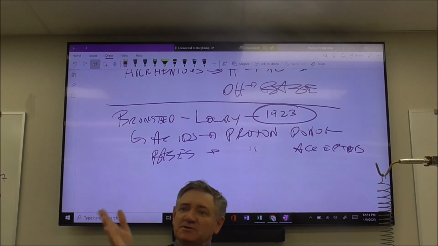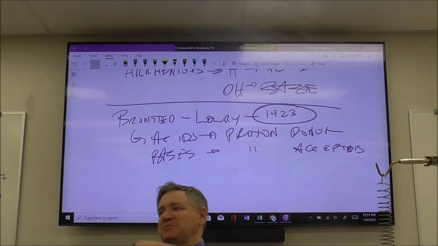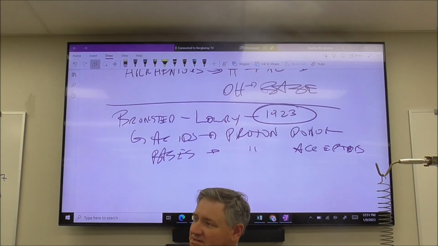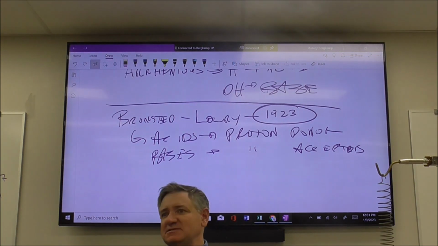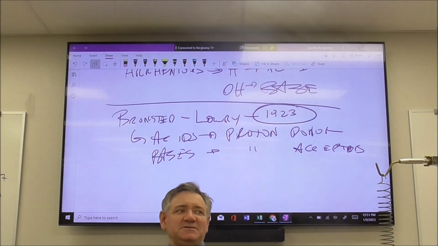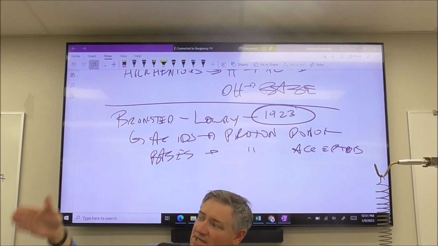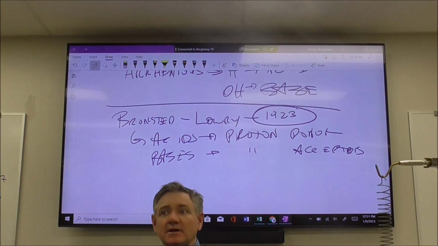That couldn't have come into being before then because we didn't know that protons and electrons existed. You couldn't have the Bronsted-Lowry definitions in the 1800s, when protons and electrons weren't known. That's the significance of the timing.